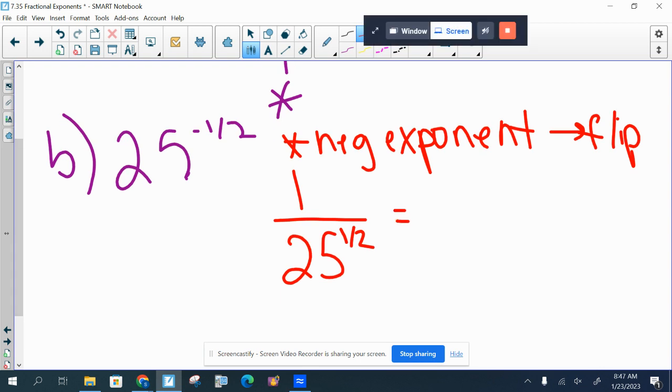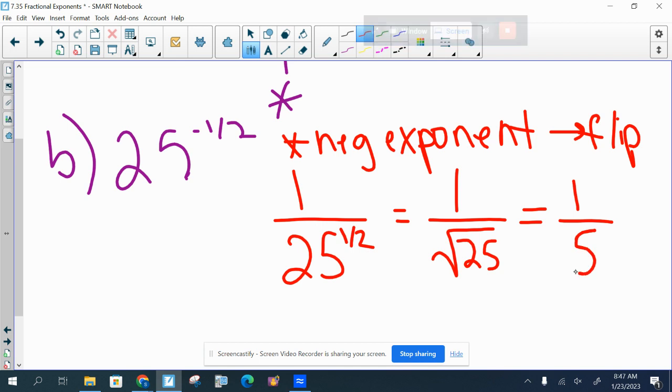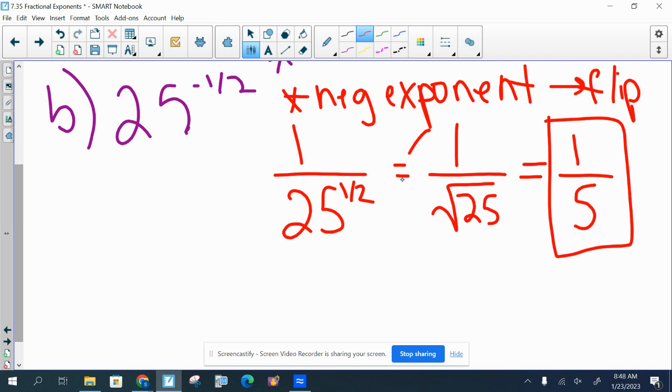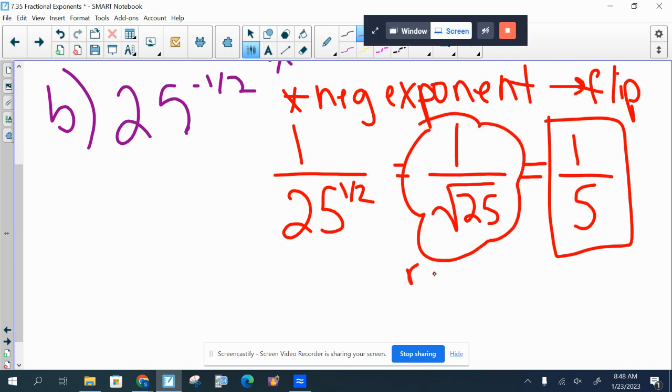And then 25 to the 1/2 means square root of 25. So this would be 1 over the square root of 25, which is 1/5, because the square root of 25 is 5. So this would be what it is in radical form, and this would be evaluated.